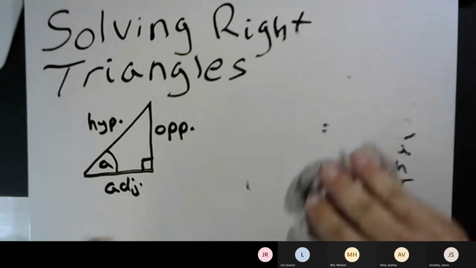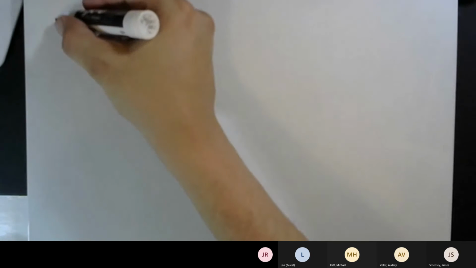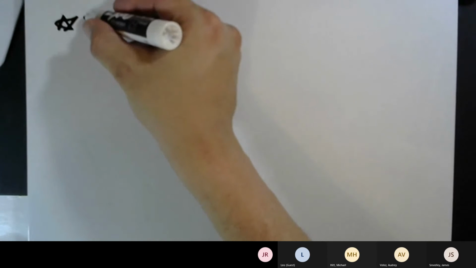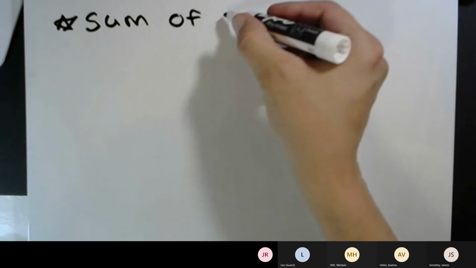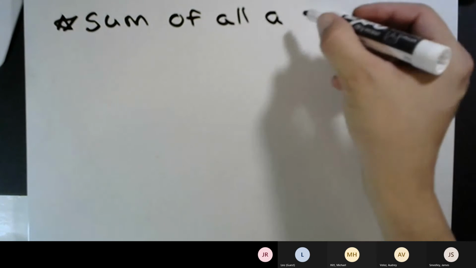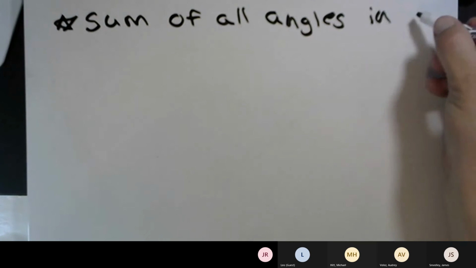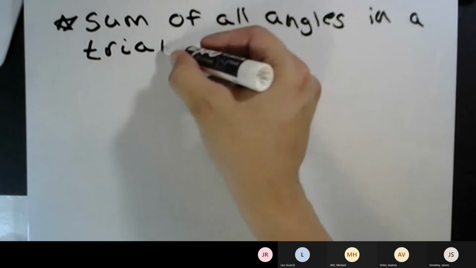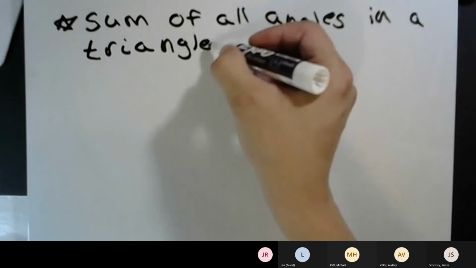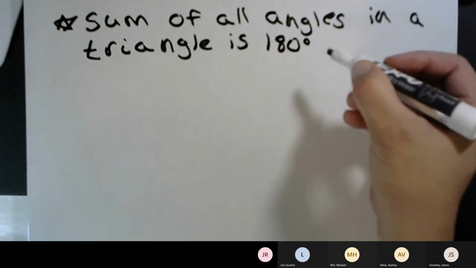Now, there's a fact with triangles I need to mention. The sum of all angles in a triangle is 180 degrees.